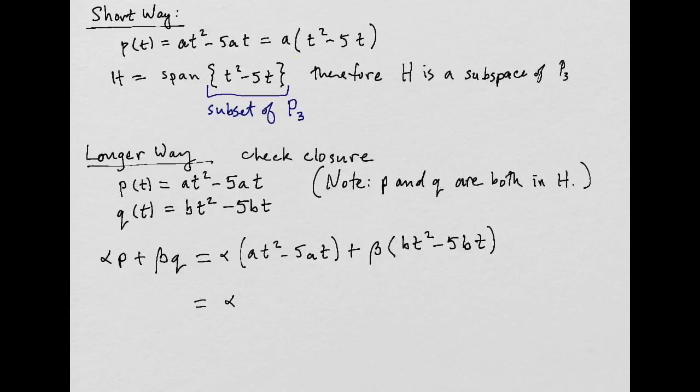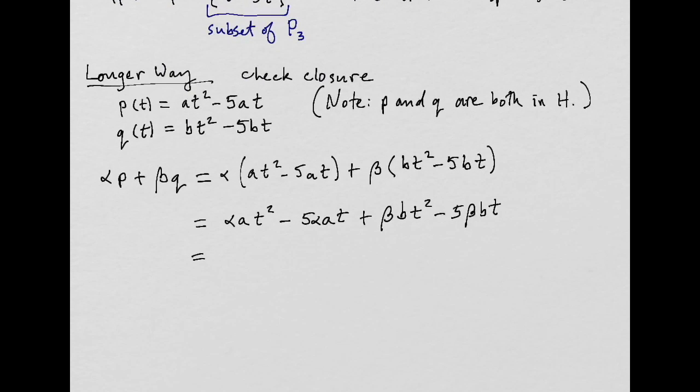So this is going to be alpha a t squared minus 5 alpha a t plus beta b t squared minus 5 beta b t, and we'll skip a little bit of algebra here because we're in college, so we can do algebra. Let's collect the t squared terms and factor out the t squared.